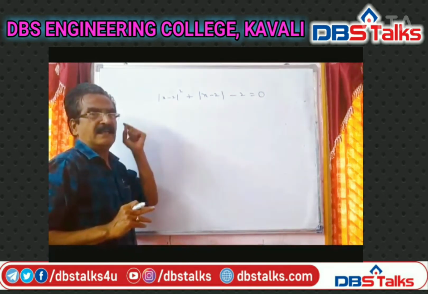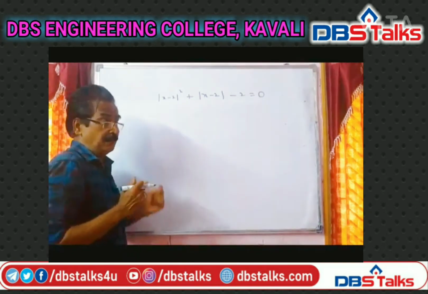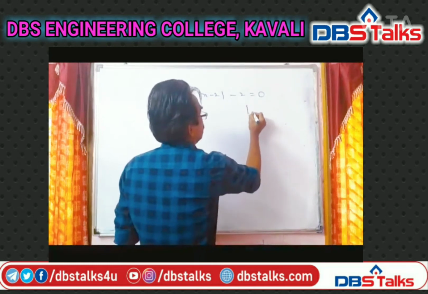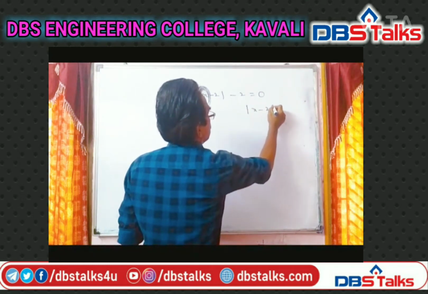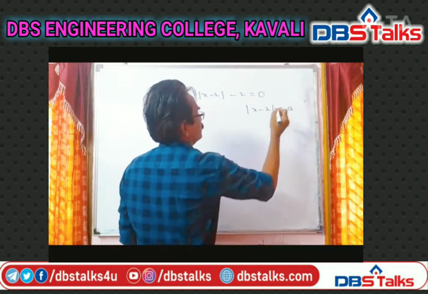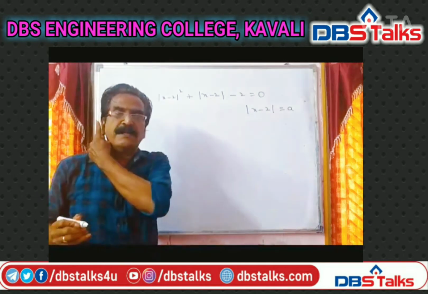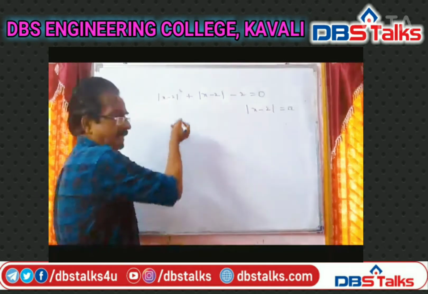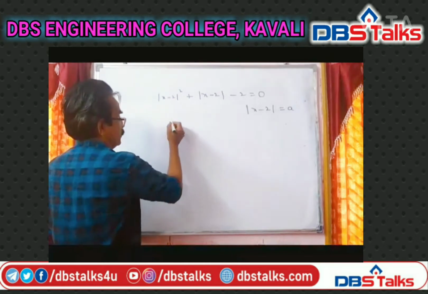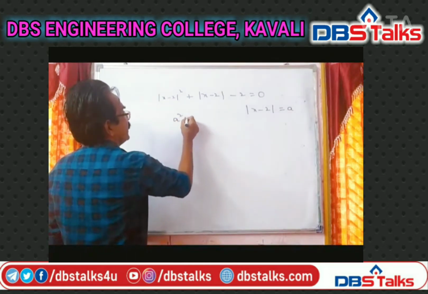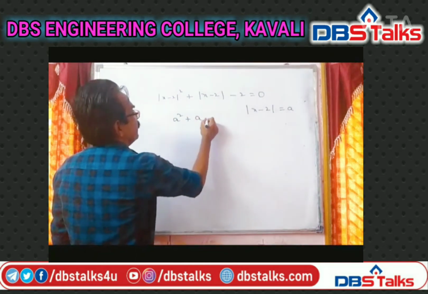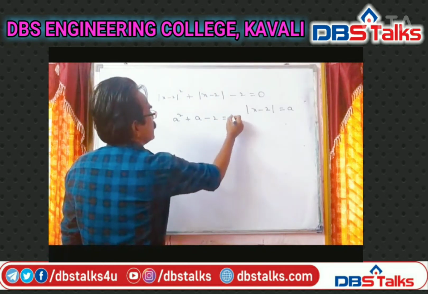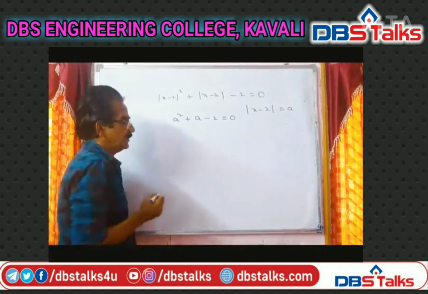Okay friends. Let us assume mod x minus 2 is equal to a. Then the equation reduces to a square plus a minus 2 is equal to 0.